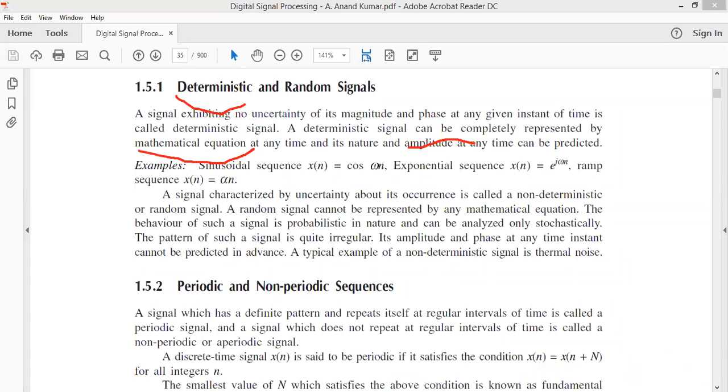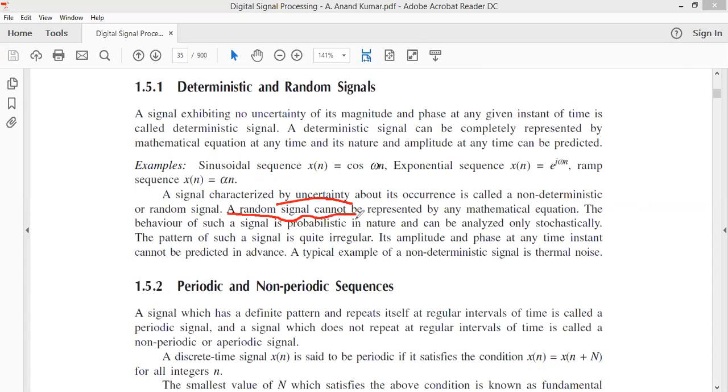If you take the naturally occurring, real time signals, all real time signals are non-deterministic signals. What do random signals mean? You cannot predict the value of the signal, so there is uncertainty about its occurrence. These are called non-deterministic signals, or random signals. In real time, we cannot predict any signal, so most real time signals are random signals.